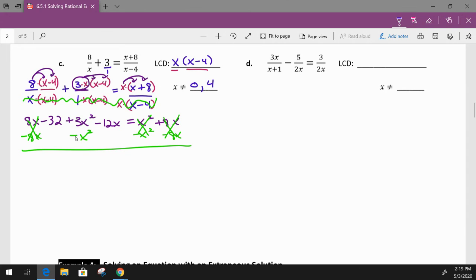So 3x squared minus x squared will be 2x squared. The negative 12x should go next. And then the minus 32 should go after that. And bring down your equals 0 now because we eliminated the terms that were on the right.